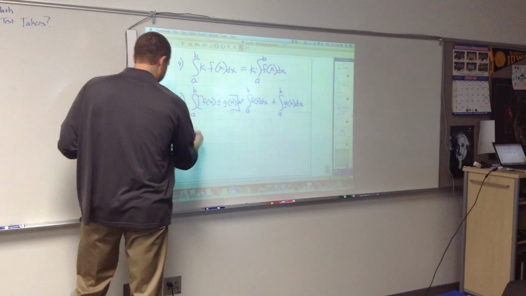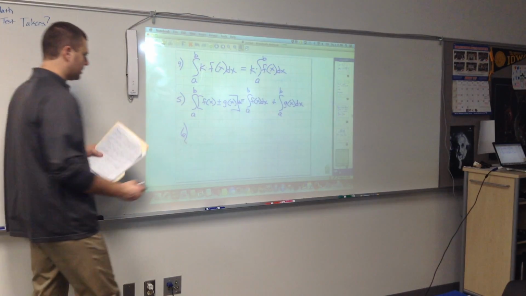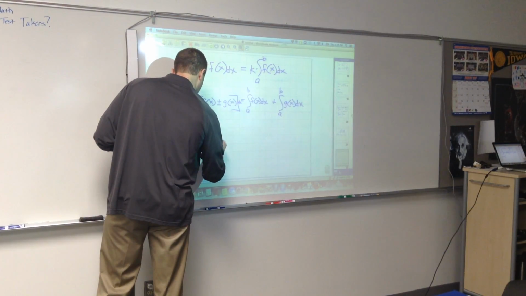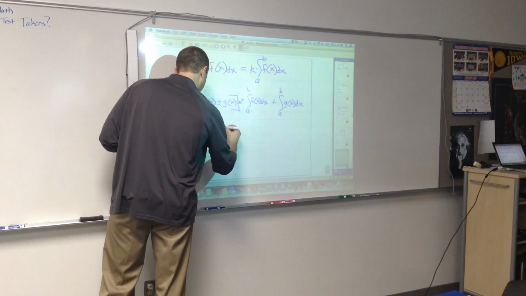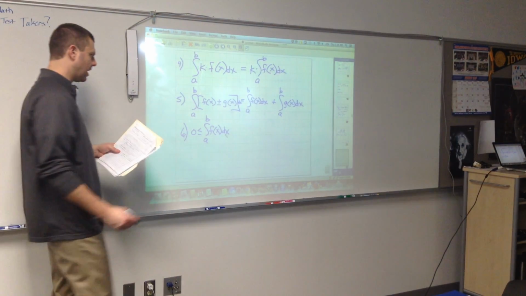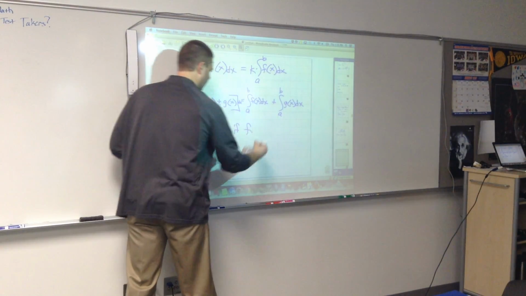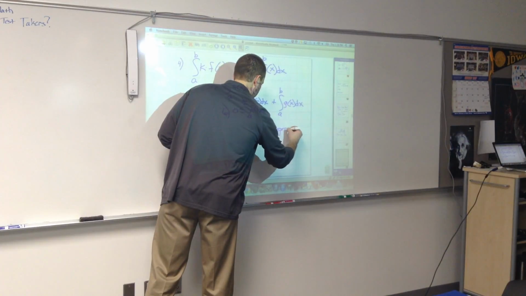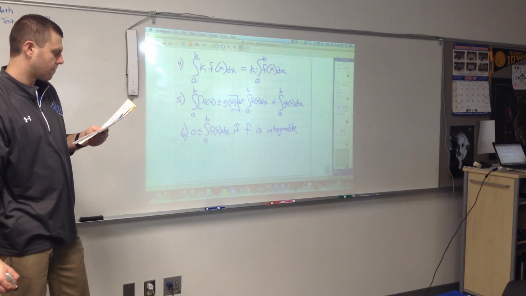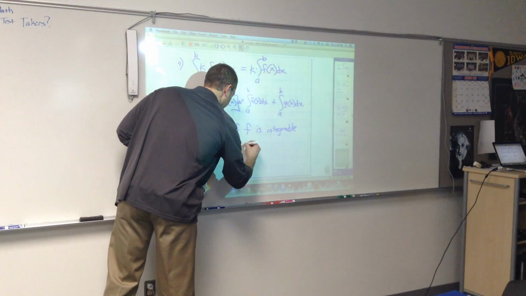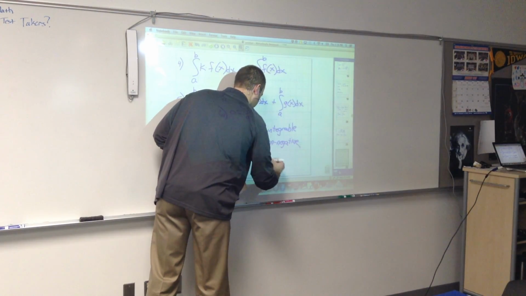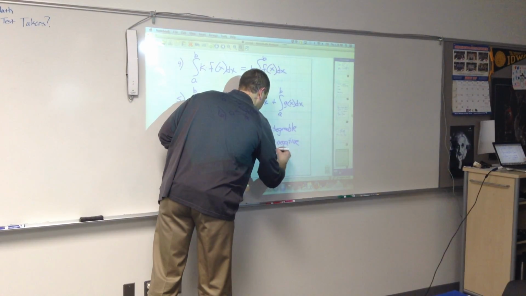Okay. And another one, again, probably should be kind of some common sense a little bit, but you'll get an answer that's greater than or equal to 0 as long as f is integrable, meaning you can do the integral, and f is non-negative on the closed interval AB.